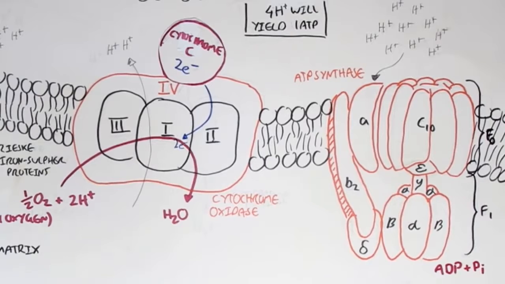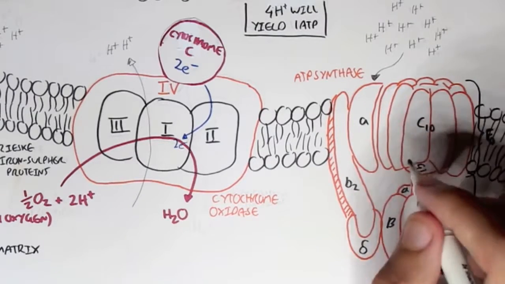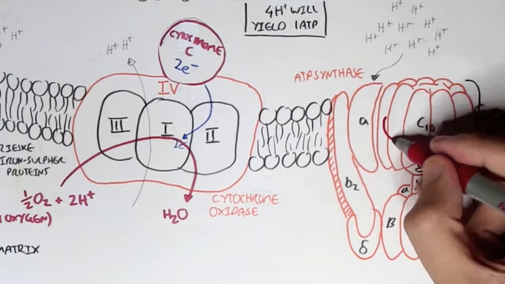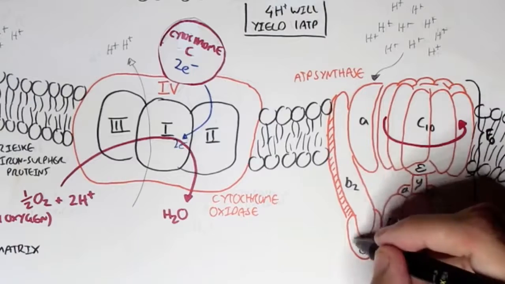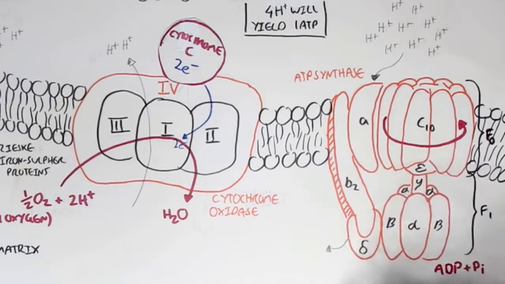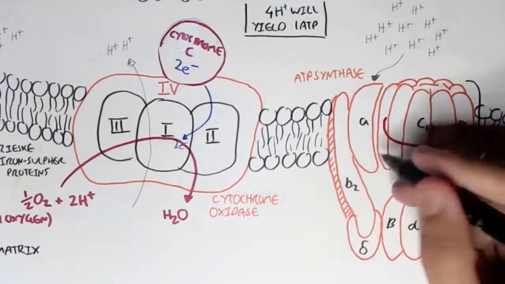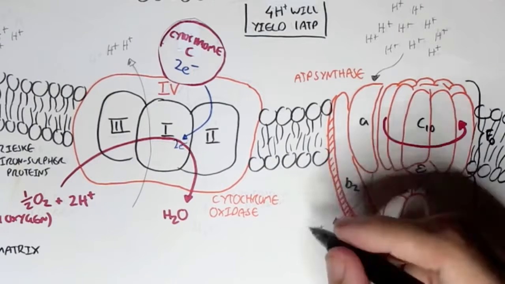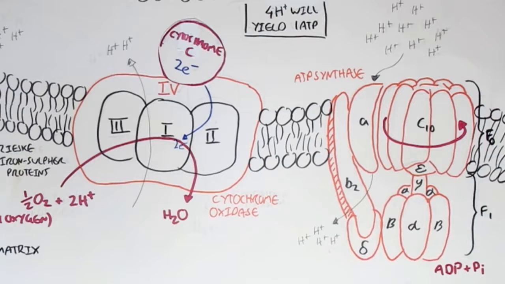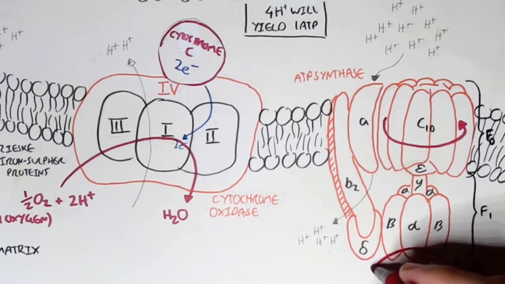And so when 4 hydrogen ions pass through the A subunit of F0, this will cause the C subunits of the F0 to rotate. When it rotates, it will phosphorylate ADP to form ATP. So 4 hydrogen ions passing through will create 1 ATP here.